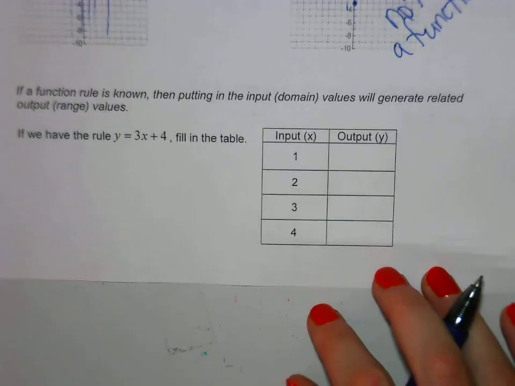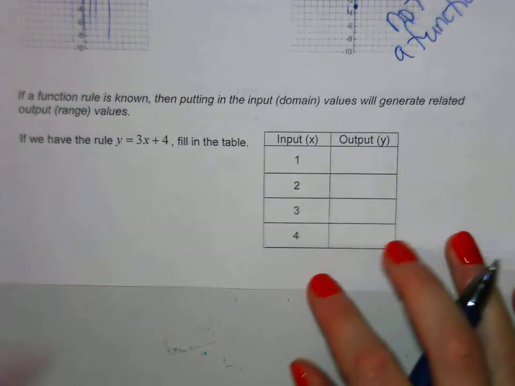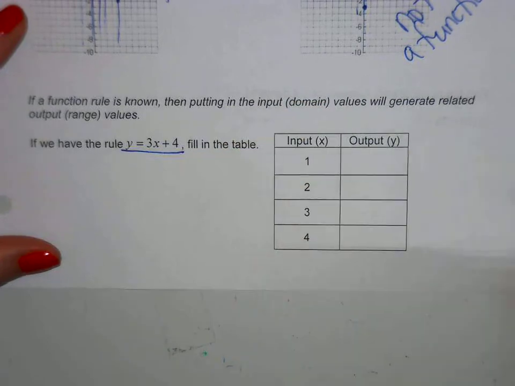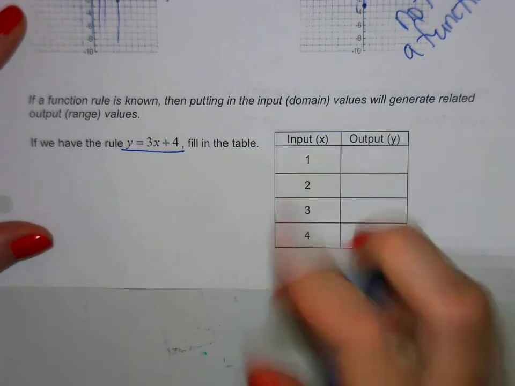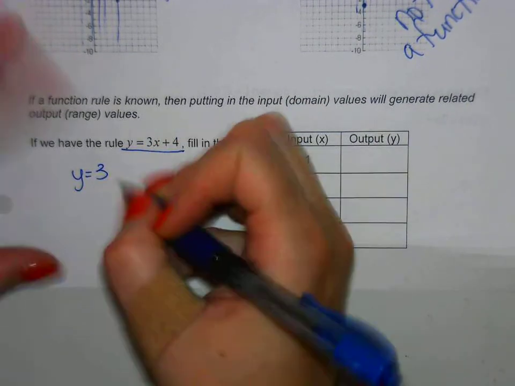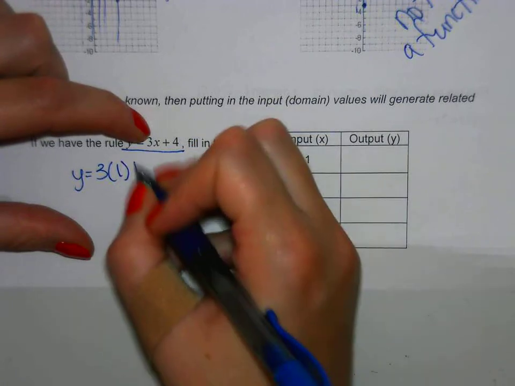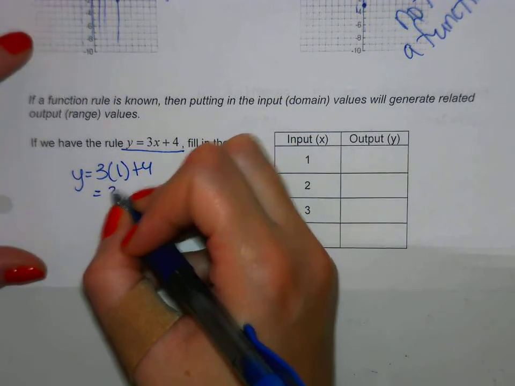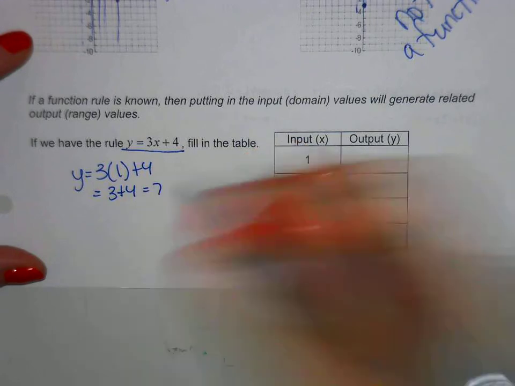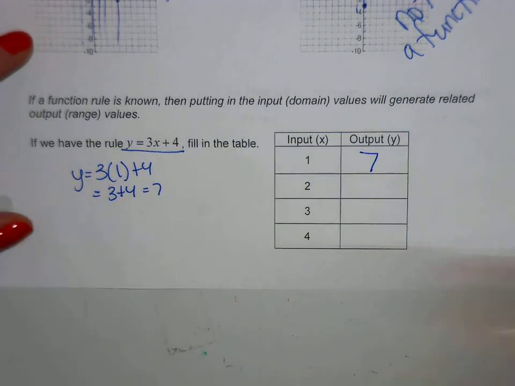Alright, let's look at how we can find our output values when we're given a function rule. If I have x equals 1, I can plug in 1 for my x. So 3 times 1 is 3, plus 4, I output 7.